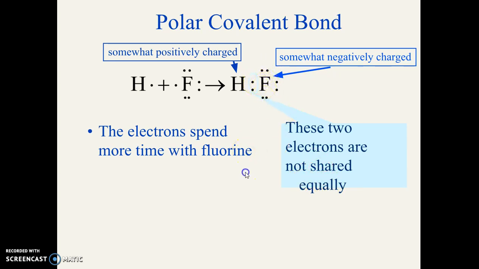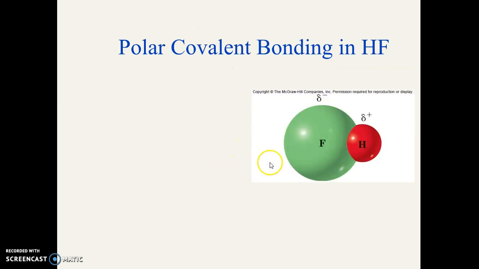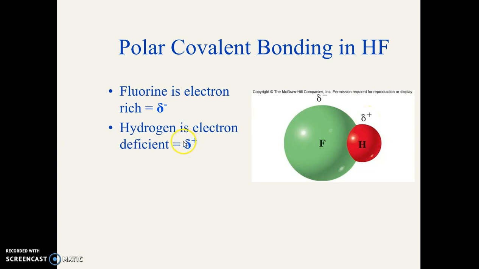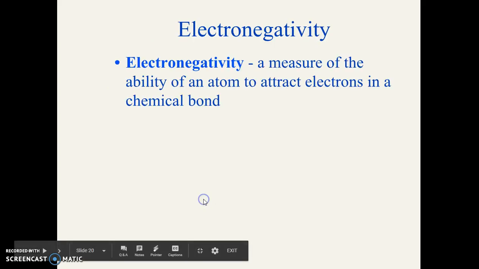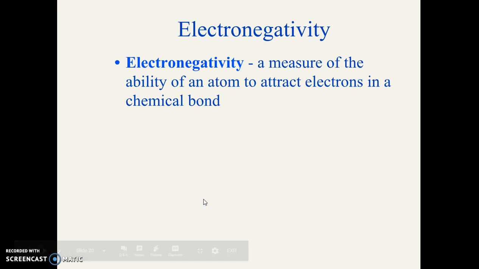Fluorine pulls them a little closer to itself. And when it does that, sometimes we'll write this slightly negative and slightly positive because it's not a true positive or a true negative. So it's kind of this fancy cursive S to show that it is unevenly shared, and this creates a polar molecule. So it's going to have slightly uneven charges, which gives it all sorts of weird or cool properties.